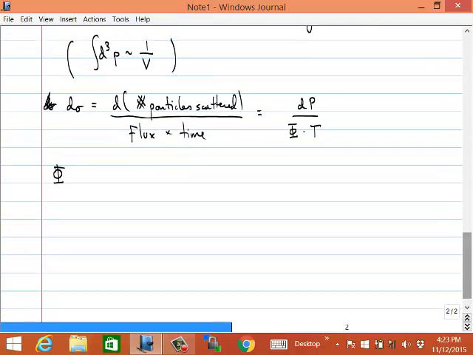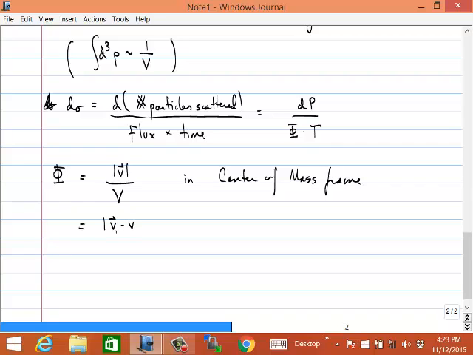So if, for example, you're working in center of mass frame, this is the velocity at which two particles are colliding with each other divided by volume. So that would be in center of mass frame. Or, more generally, if you're not in center of mass frame, remember, we have two incident particles, it would be the difference v1 minus v2 divided by the total volume.